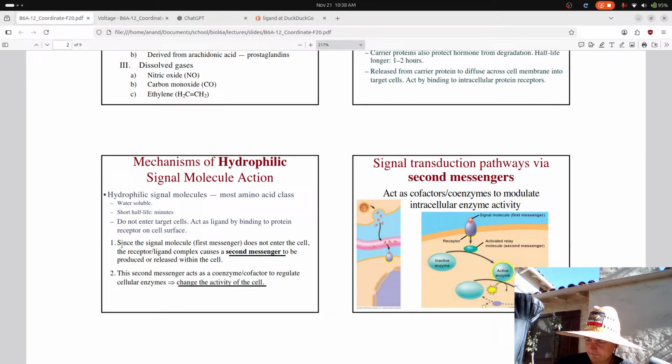Can't diffuse across the membrane, so needs a secondary messenger to be released, produced as a result of the ligand-receptor complex.